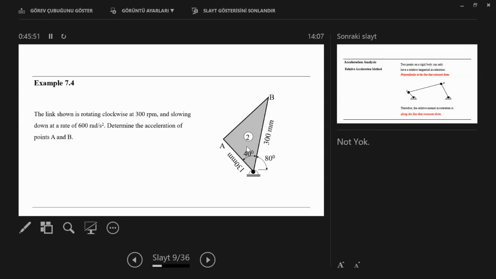So first the A, the requested acceleration of points A and B. We know the acceleration has a tangent component and a normal component, so we have to calculate them. A tangent is equal to what?